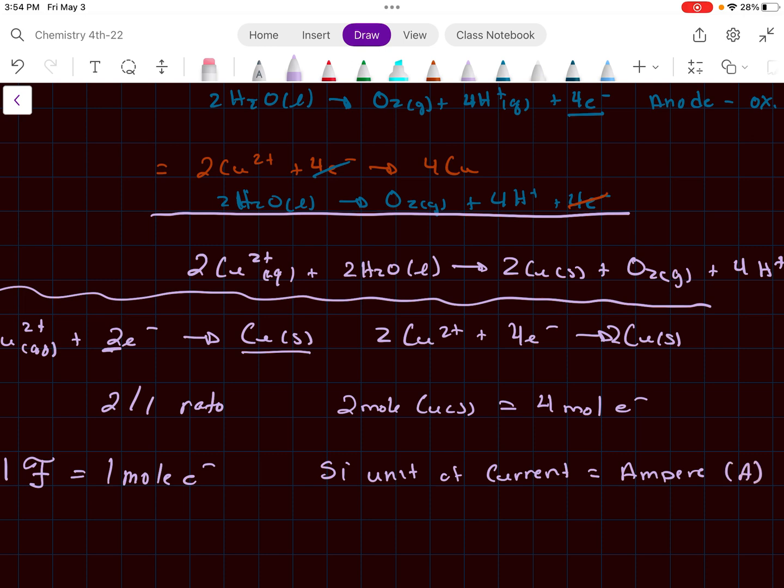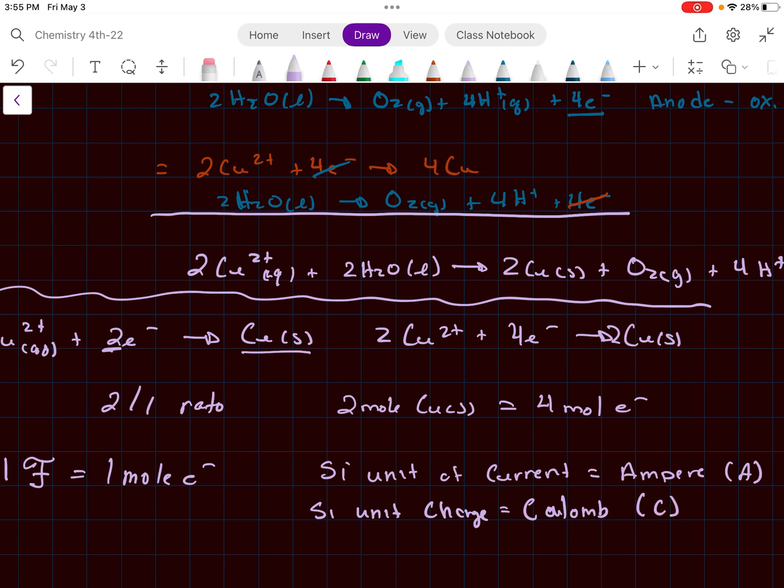It's abbreviated with the letter A. And the SI unit of charge is called the coulomb, and that's abbreviated with the letter C.